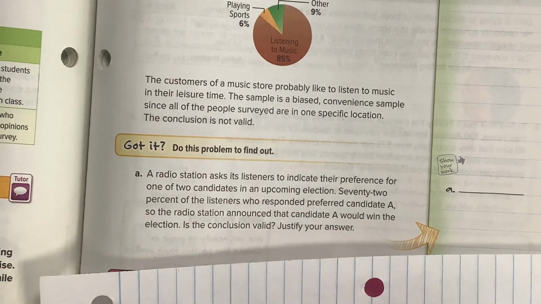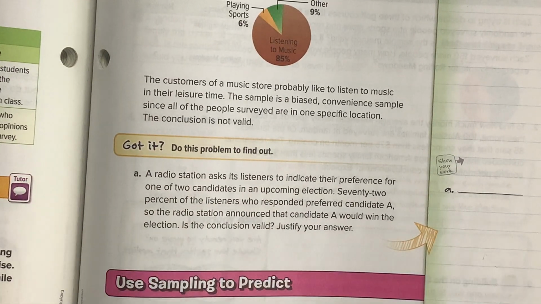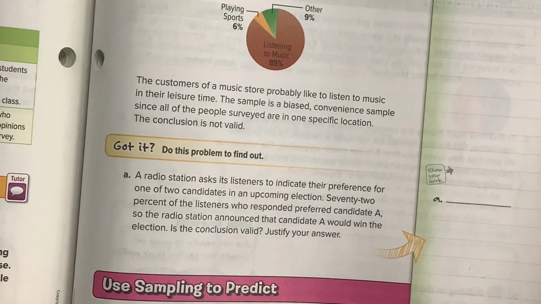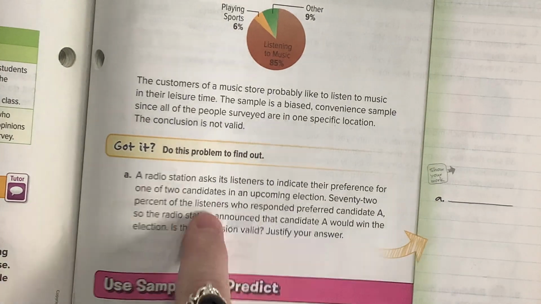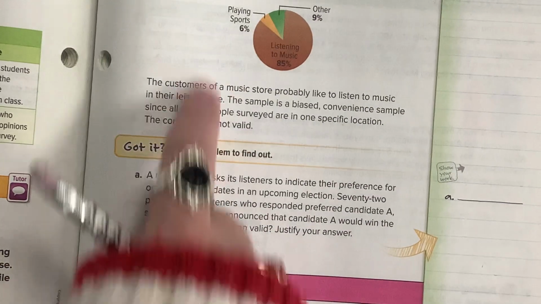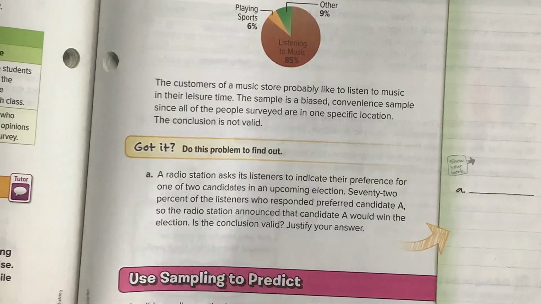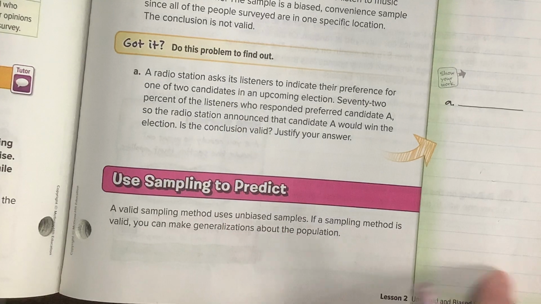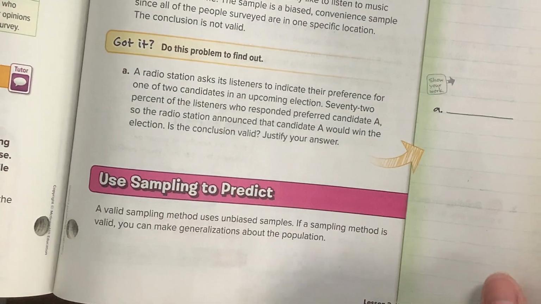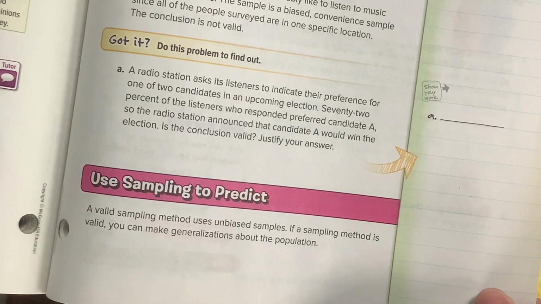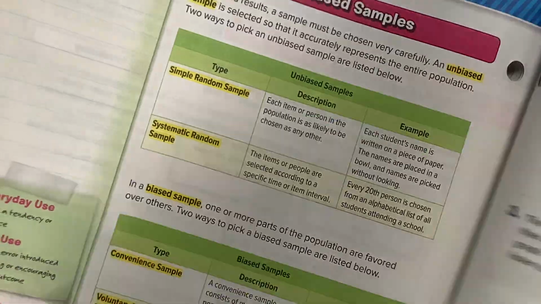Not everybody. This is not representative of the entire population, okay? So when it's biased, which means it's invalid, we're not going to predict. If we end up with a valid sample, that means we can do the predicting that we did yesterday, either taking the percents or finding a proportion.